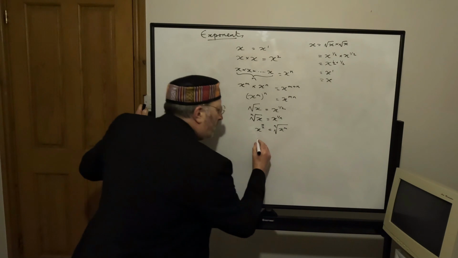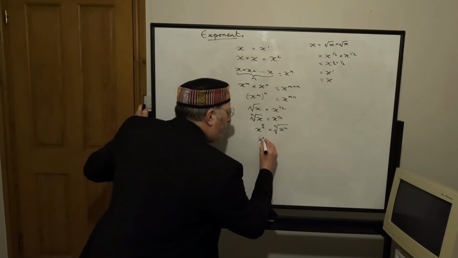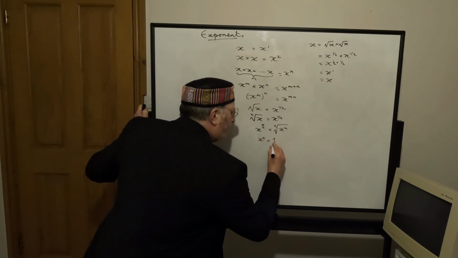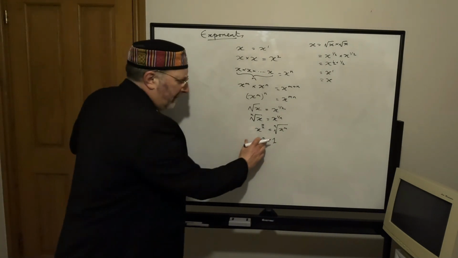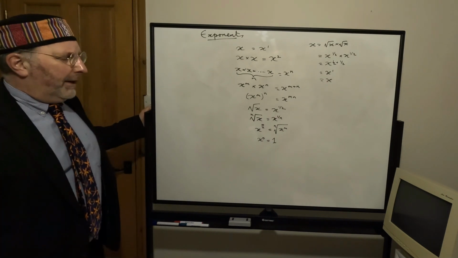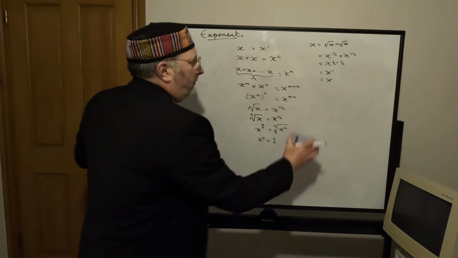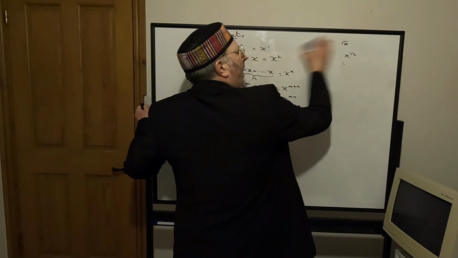Now another thing we need to know is that x to the 0 is equal to 1. Doesn't matter what x is, to the power of 0 it's always just 1. And again, we can check why that is consistent and why that makes sense.